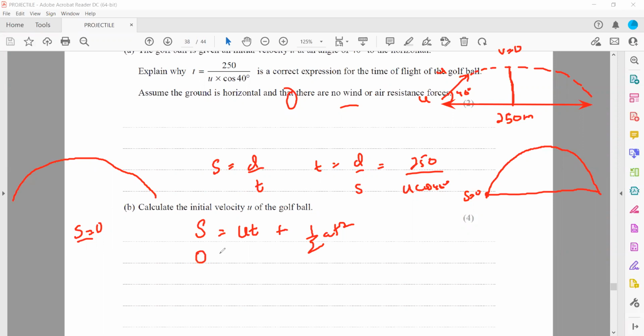What about the initial velocity? Because that is the vertical component, it will be u sin 40 multiplied by time.